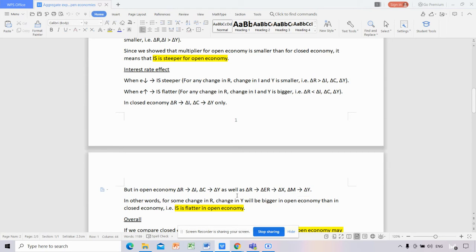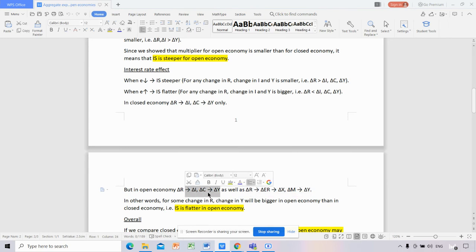So in other words, IS is flatter, because if there is a change in interest rate, there will be only one change in income in the closed economy, but in the open economy, there will be this change in income and another change in income. So the bigger change in income for a change in interest rate. That's why IS is flatter, and there is greater sensitivity of income to the interest rate. Here, only one effect, but here there are two effects, this effect and this effect.